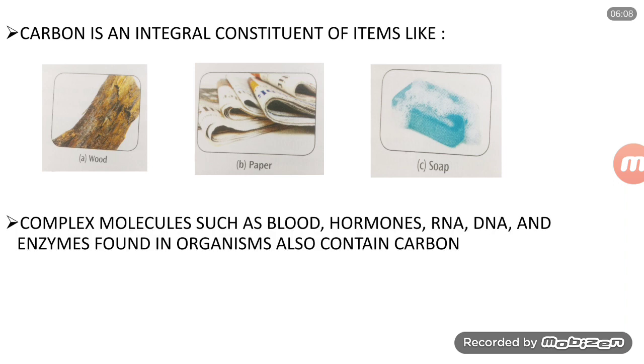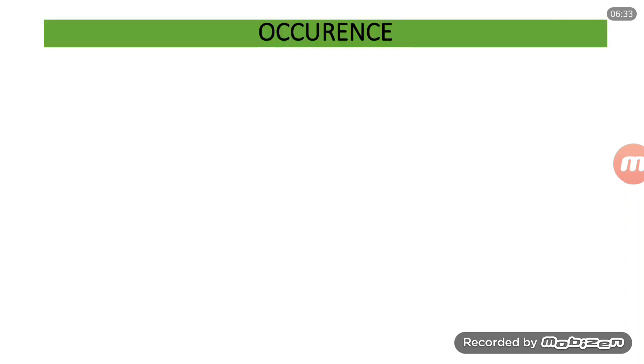Complex molecules, for example, if you take blood, hormones, for example insulin, RNA, DNA, which is considered as the genetic material, and enzymes, for example salivary amylase, found in organisms, all contain carbon. The human body also contains carbon because we are organic in nature.